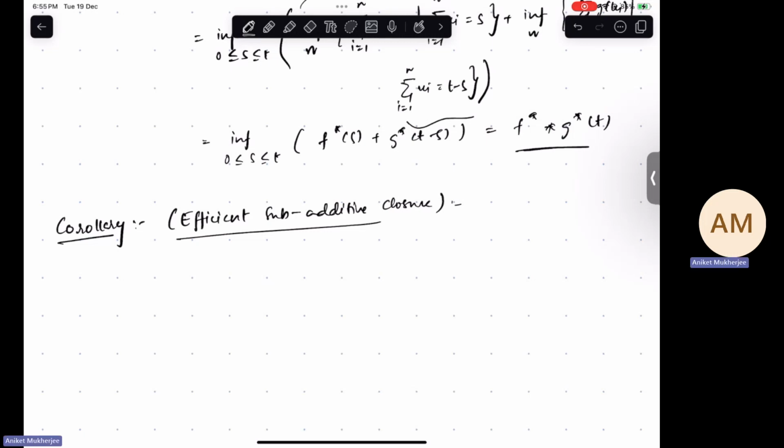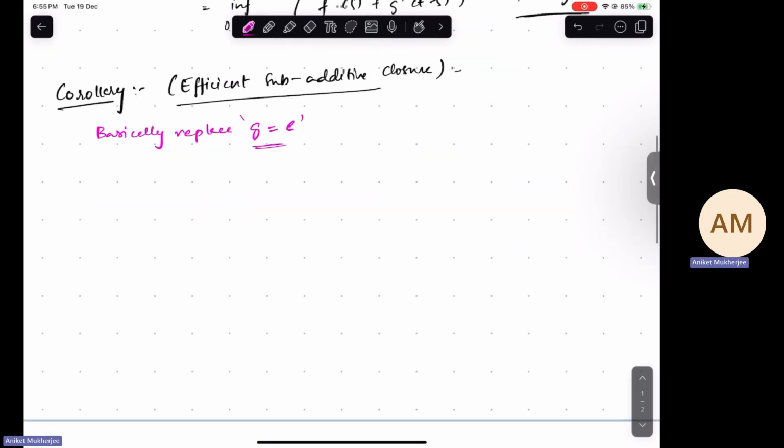In this closure, what you do is you basically just replace g with e, right?